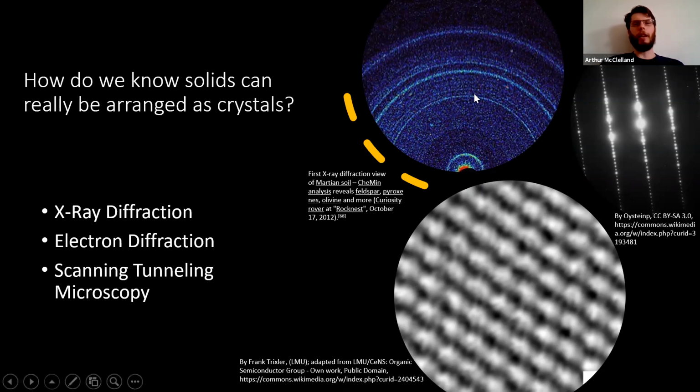We can shine X-rays onto a material, and the crystal lattice structure will actually diffract it. We'll go into next week what that means. But here's an X-ray diffraction from the Curiosity rover on Mars. So it even works on Mars. On Mars, they have crystals too, and we have the X-ray diffraction to prove it.